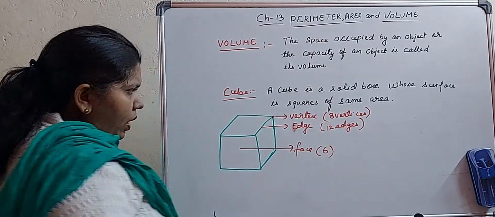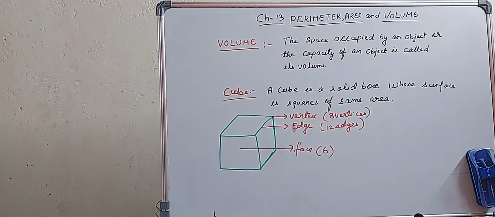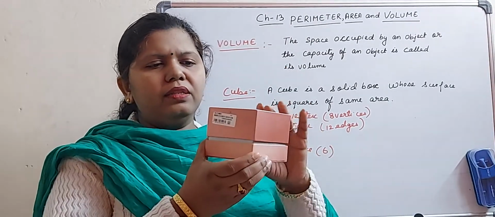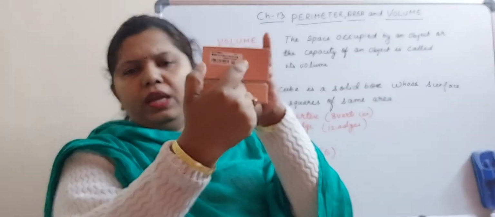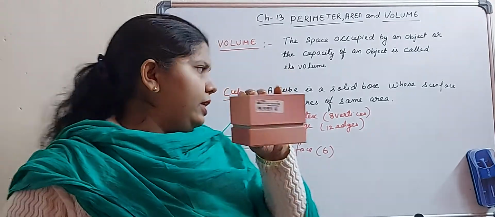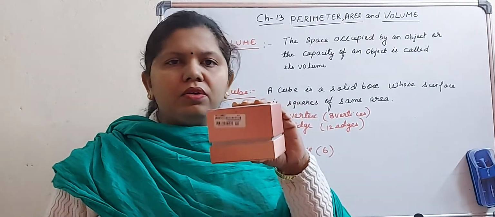Let me show you a cube to understand it better. Okay, it looks like a cube. Okay, you can see there are 6 faces. How? 1, 2, 3, 4, 5 and 6. So total 6 faces are there, we have written. It has got 8 vertices.